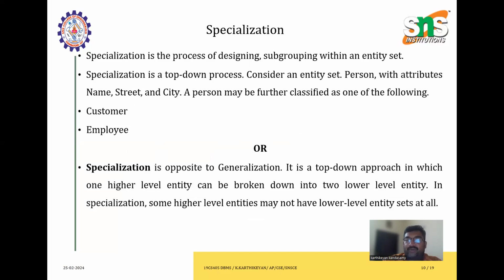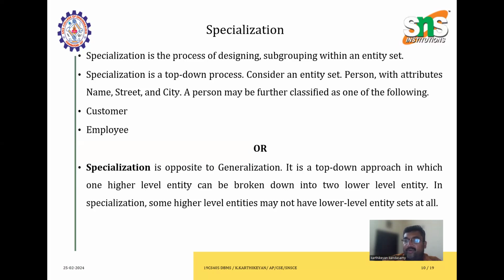Specialization is the process of designing subgroupings within an entity set. Specialization is a top-down process. Consider the entity set person with attributes name, state and city. The person may be further classified into customer and employee. Specialization is the opposite of generalization.